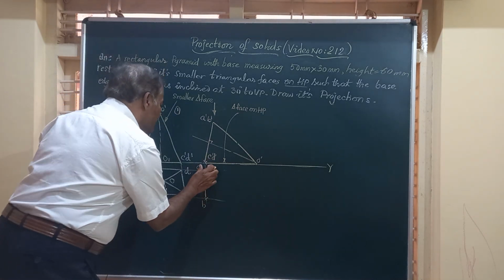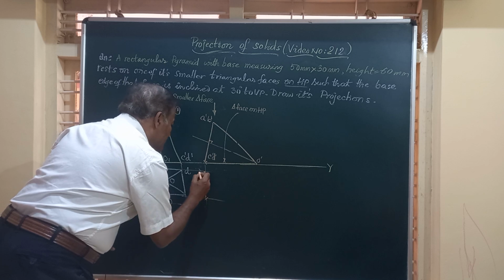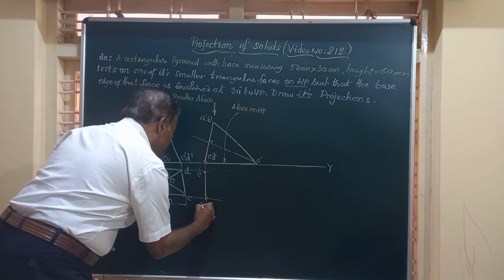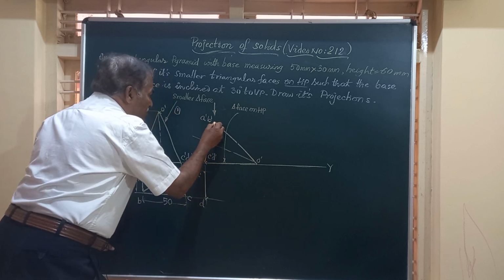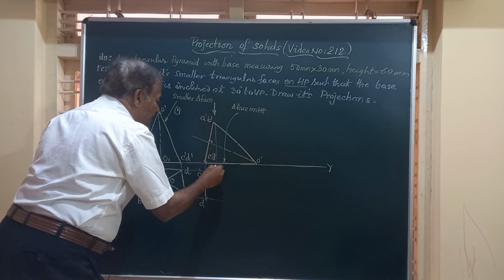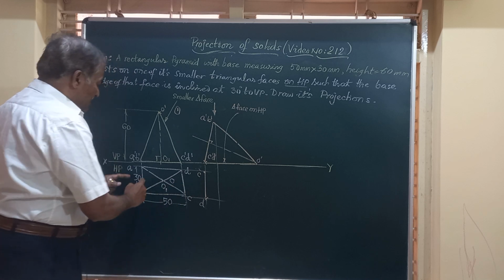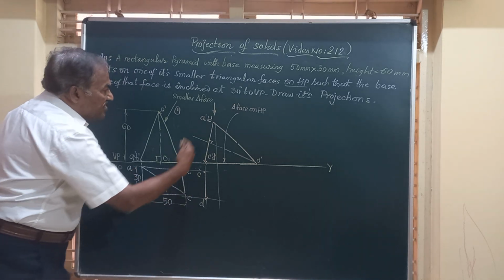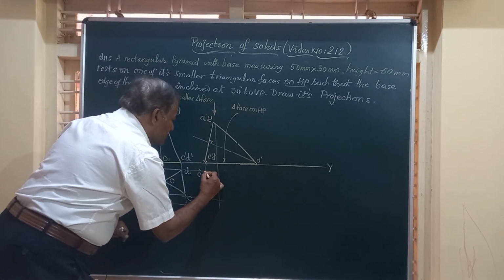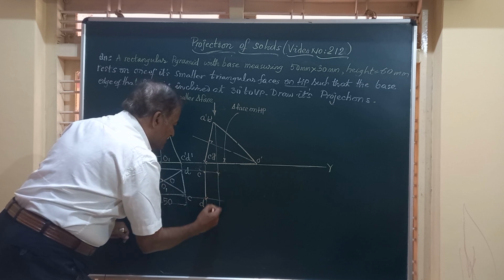Sorry, this is CD. I'm sorry, this is CD, C comma D. AB is here. So we should be very careful in case of these pyramids. What happens? See, AB was here, now it is moved down to the other side. So you have to be very careful while marking them also.